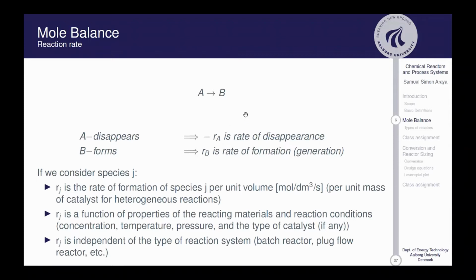Now let's define mole balance, and to do that, we first need to define reaction rate a bit better. If we have a reaction where A goes to B, A is disappearing, so the reactant is becoming product.